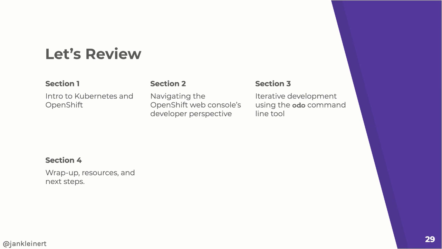Next, we looked at how you can use the OpenShift Web Console's developer perspective, and we looked at different ways you can deploy and build applications using the Web Console. In the third section, we explored ODO, which is a command line tool, especially for developers, that helps with the iterative development and inner loop. And so now let's continue on to look at some resources and next steps if you want to continue learning.